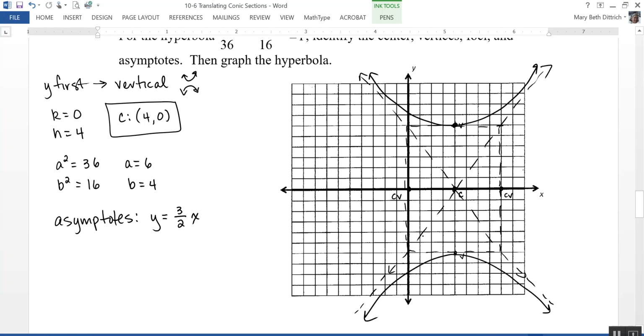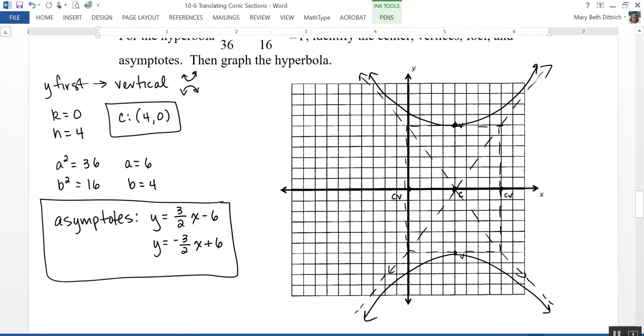I can tell that it crosses the y-axis at -6, so my y-intercept is -6. For the line that has a negative slope, I basically go up 6 and left 4, so that's going to give me a slope of -3/2 x, and in this case my y-intercept happens to be a positive 6. So there are my asymptotes.